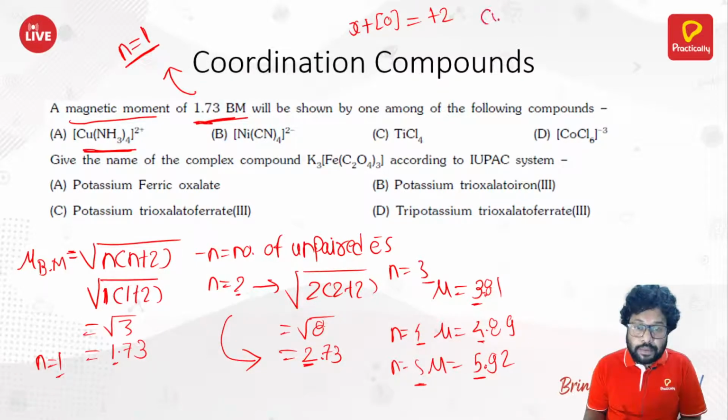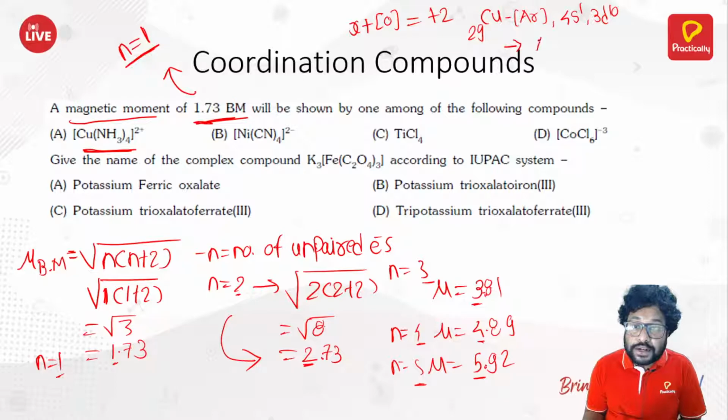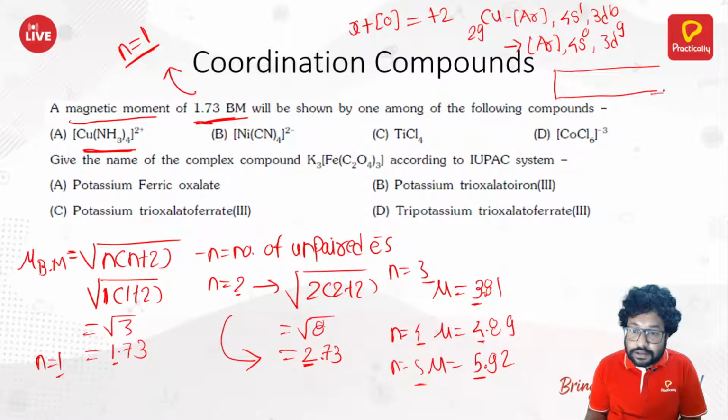The atomic number of copper is 29. So what is its electronic configuration? Argon 4s1 3d10. Copper is in plus 2, that means you need to remove 2 electrons. So when you remove 2 electrons, it should become argon 4s0 3d9. And how do you arrange the 9 d electrons?